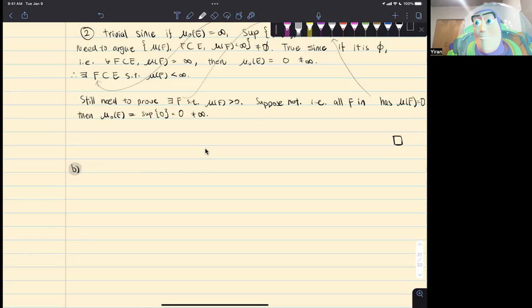If the supremum is a real number, then this sequence converges to it because it's bounded above by a real number. If the supremum is infinity, then the sequence just goes to infinity. So overall, the limit is equal to the supremum of mu of Tj.